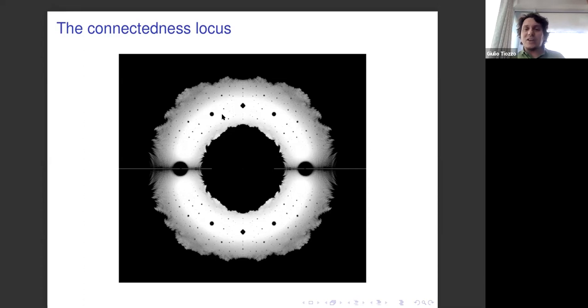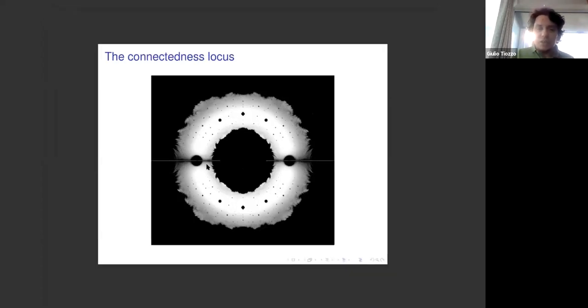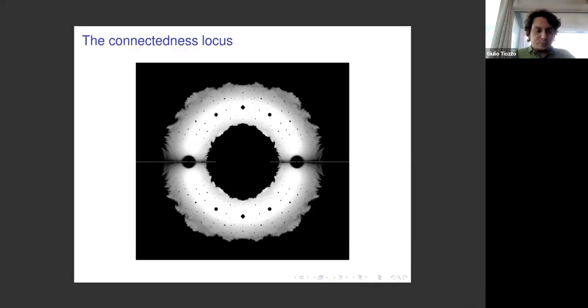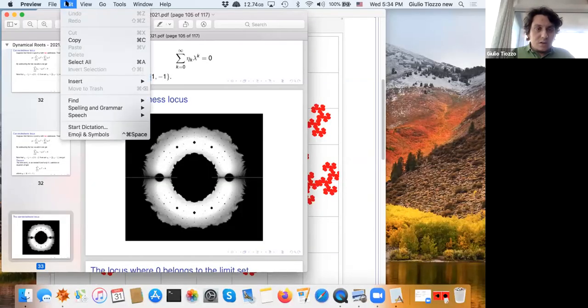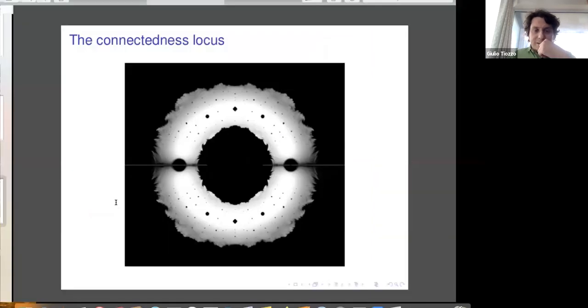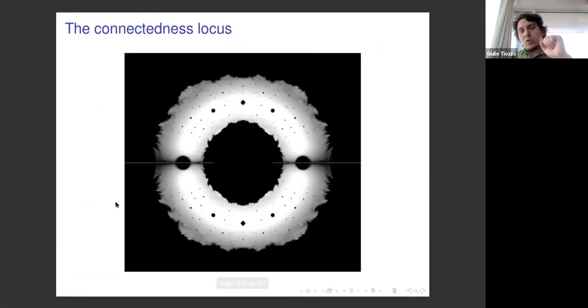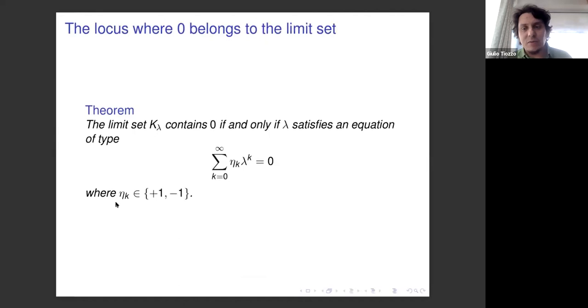So there's another property we can look at. Rather than asking whether the limit set is connected, we can ask whether it contains 0 or not.